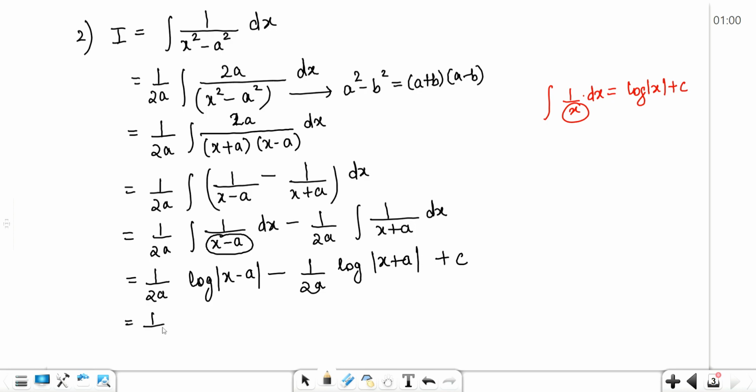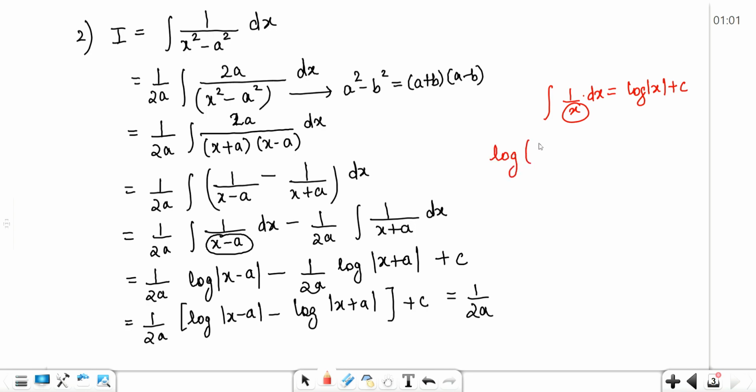Now again we can take the 2a common, so that gives you 1 upon 2a, log of x minus a minus log of x plus a, close the bracket, plus c. We are applying the formula of the log. If you don't know, I'll just write this down: log of a upon b is nothing but log of a minus log of b.